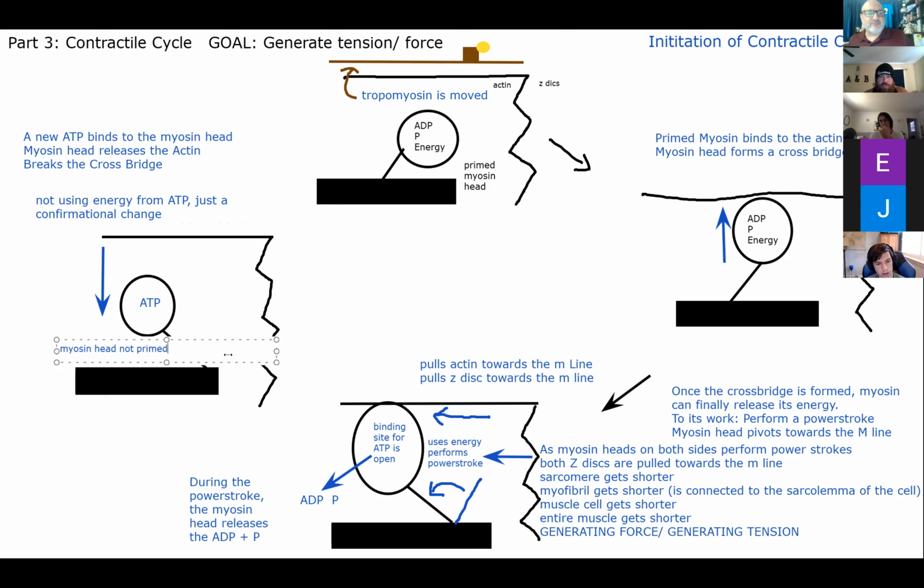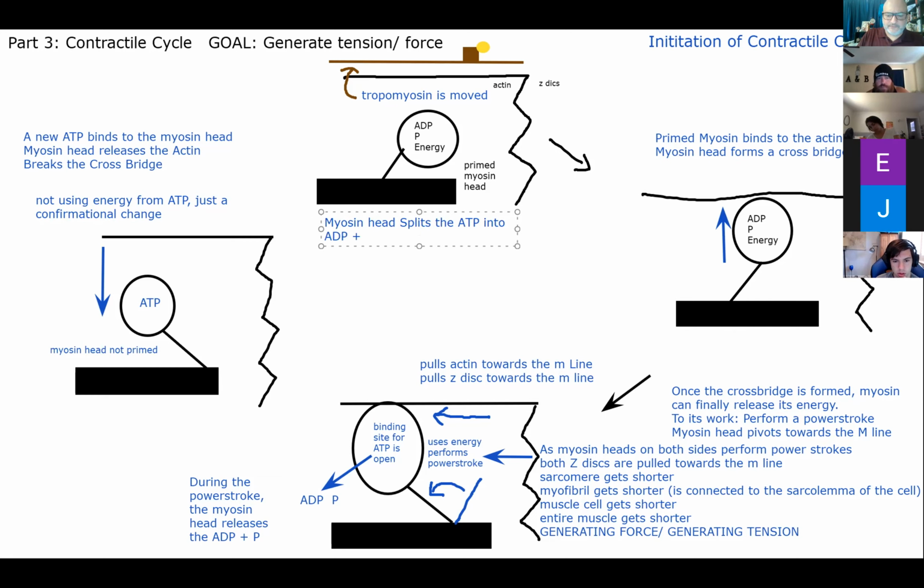And how do we get this myosin head ready to do work? Leave one of the phosphates. There you go. Our myosin head then splits the ATP into ADP and phosphate and energy.